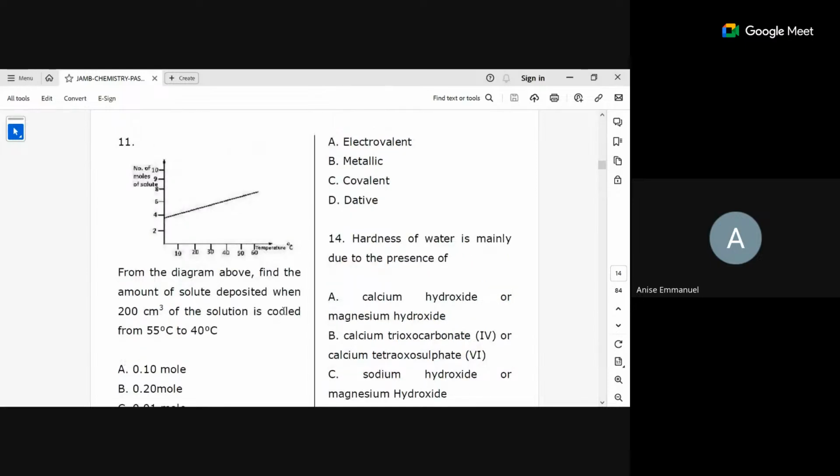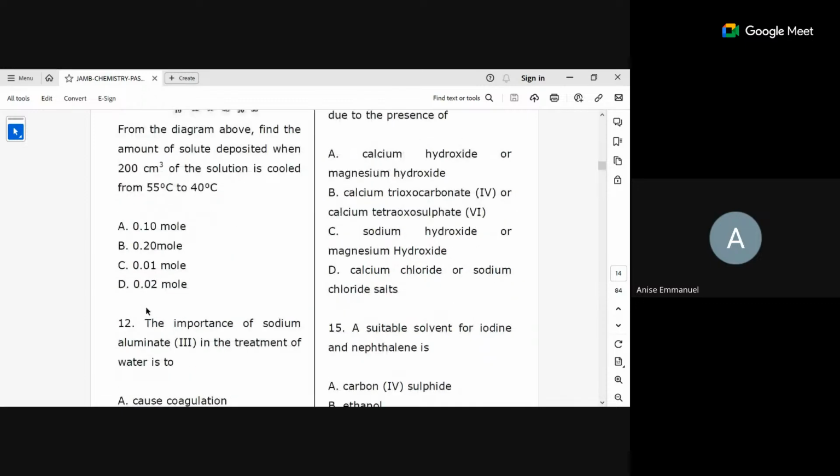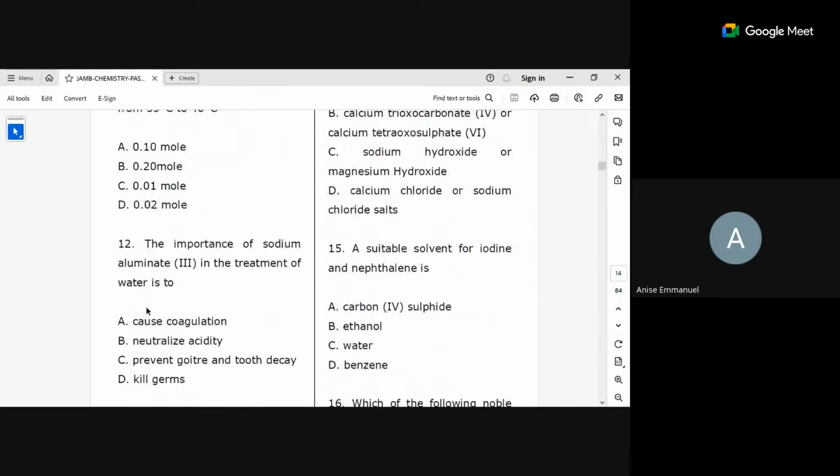We should have 0.2. The answer is 200 divided by 1,000 because this question is on solubility. It's deposited here. So the answer is 0.20 moles.